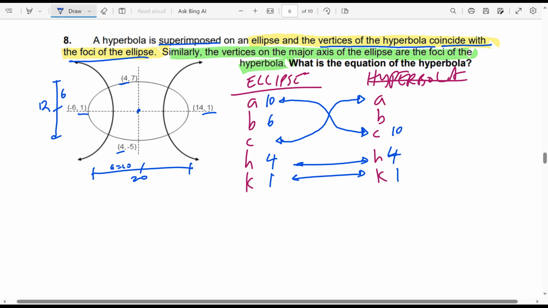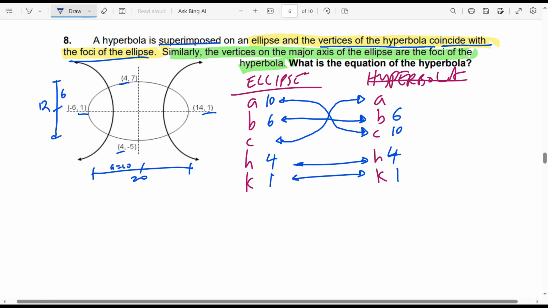Essentially, because they're superimposed, and Jackson, you asked a great question about this, you can look at the diagram as well, identify where the asymptote might be, and because everything is superimposed, we can just assume that our B value for the hyperbola is also going to be 6, because they're superimposed on each other and share a lot of similarities. You can validate it too if you want, but at least we can use that information if we know it.